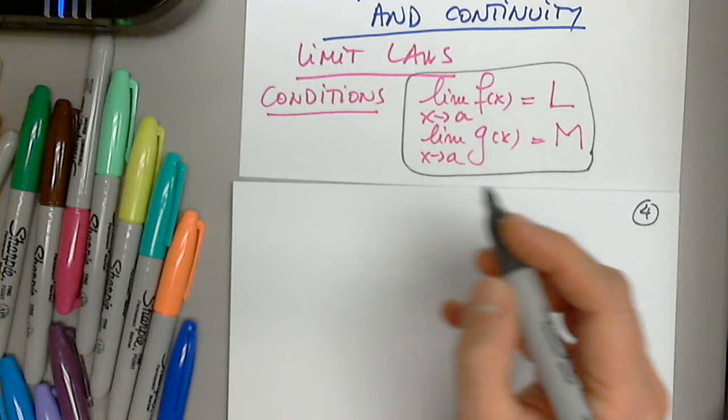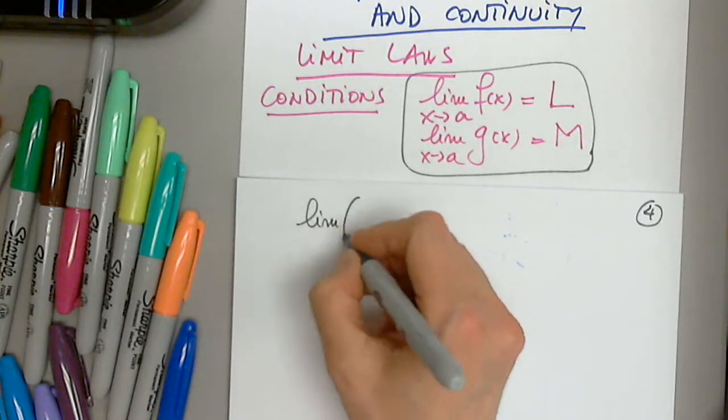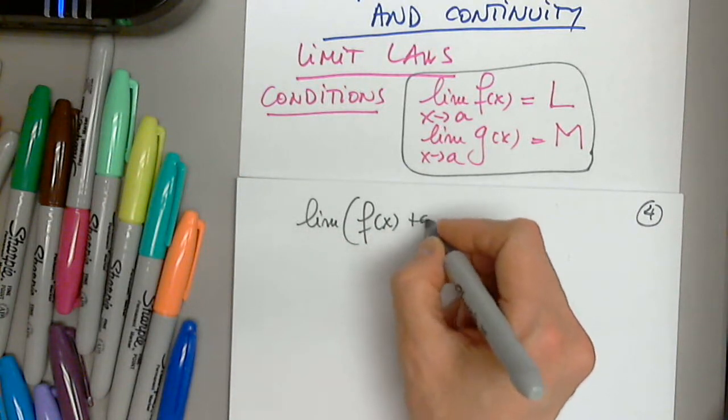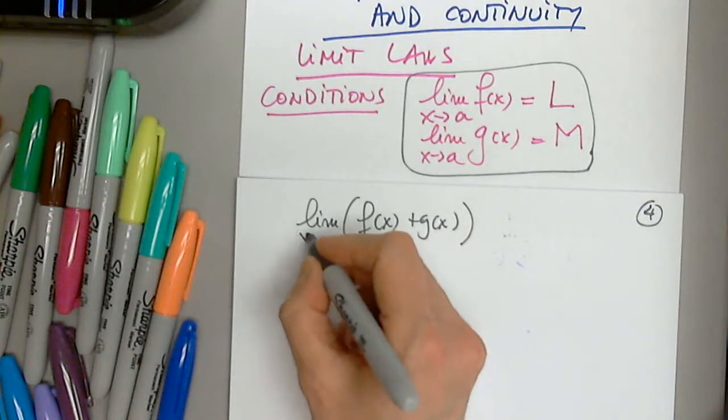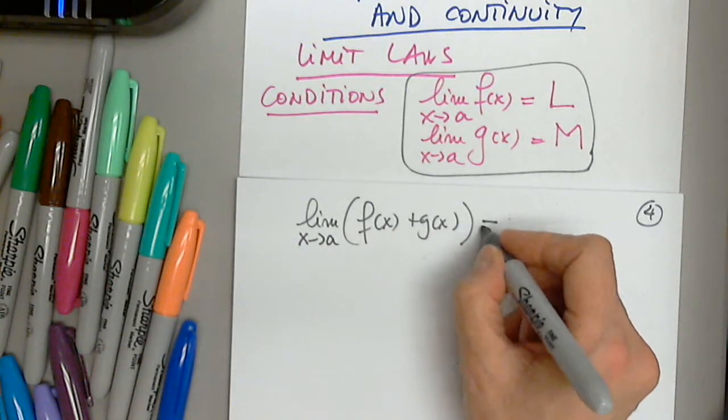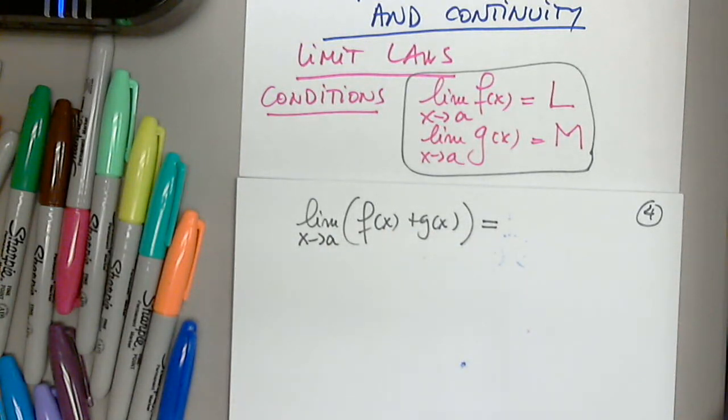So here's the first one. The limit of a sum of these functions as x approaches a. What do you think this will equal, assuming that these two limits exist and the first one is 5 and the second one is 10? What do you think this will equal?